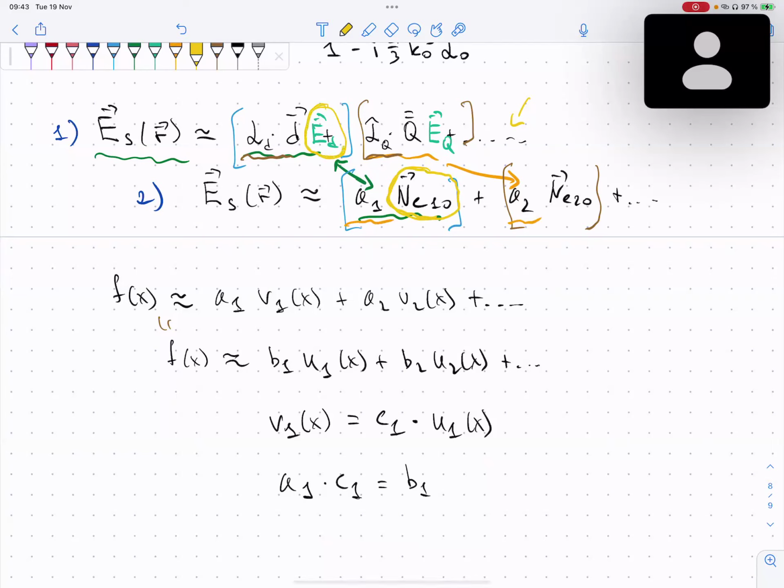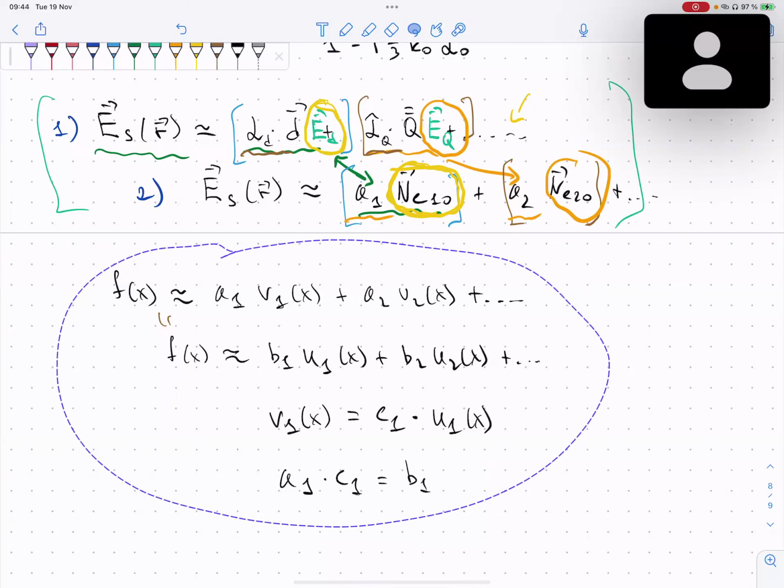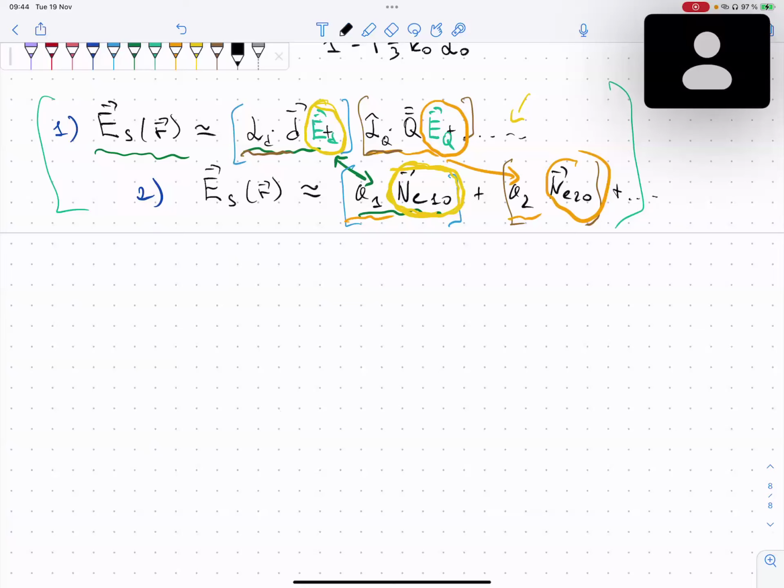We can express the electric field of a dipole using this vector spherical harmonic, and we can express the electric field of the quadrupole using this vector spherical harmonic. So in the end, if you compare these two different expansions, we will see that electric polarizability is proportional to the first electric Mie coefficient, something like this.